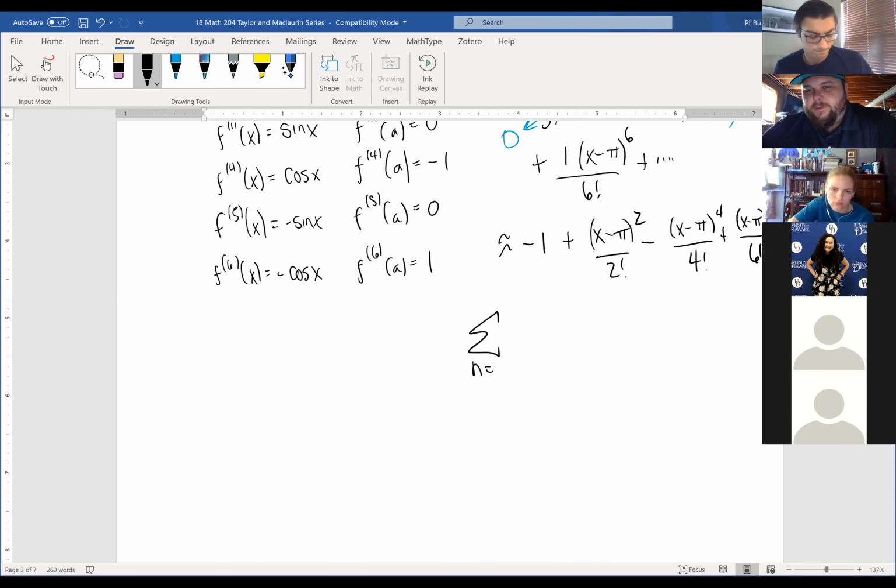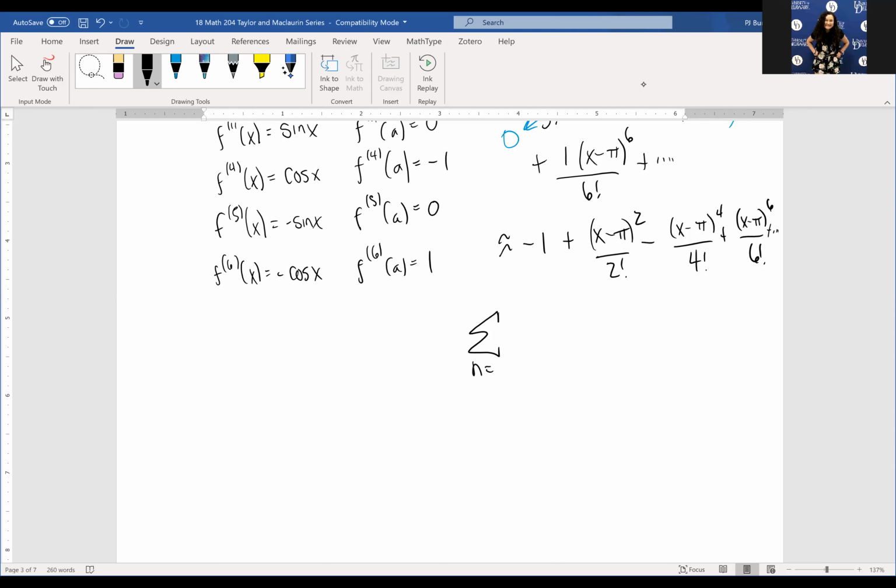If -1 is the term when n equals 0, could we consider where there's a 2 and 2 factorial and then 4 and 4 factorial, 2n?